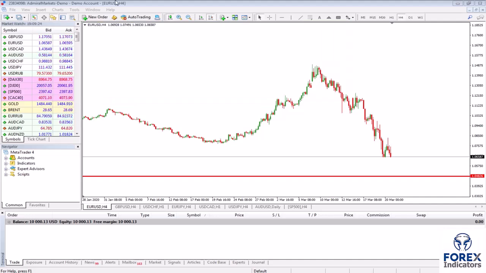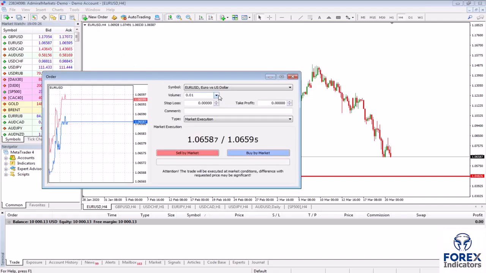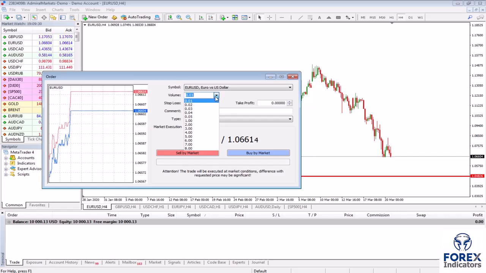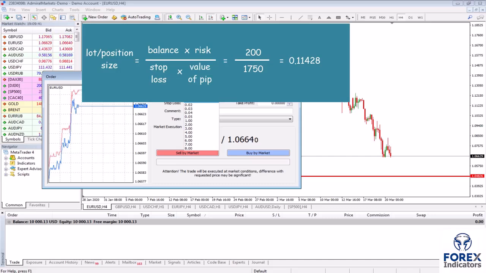Since we do not have the option for entering so many decimals, but only 2, we will enter the closest amount. This means that our risk will not be exactly $200, but somewhere around that amount. It's not that important. It is important that it be close to that amount, 0.11428. So let it be 0.11.